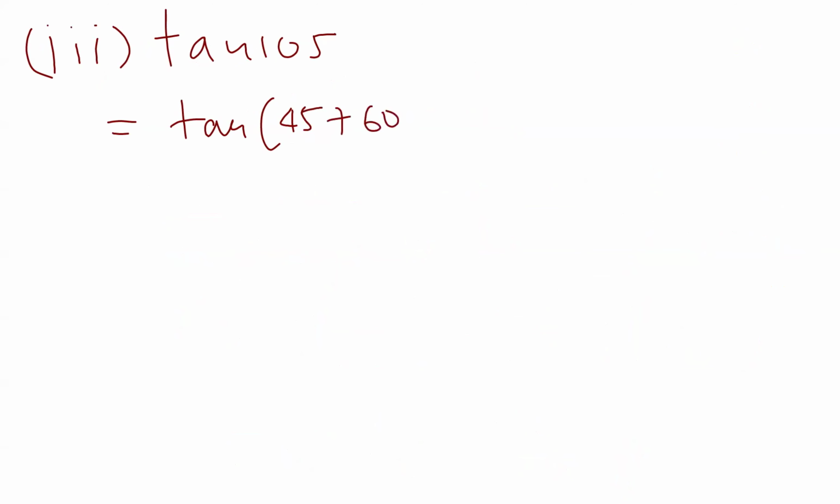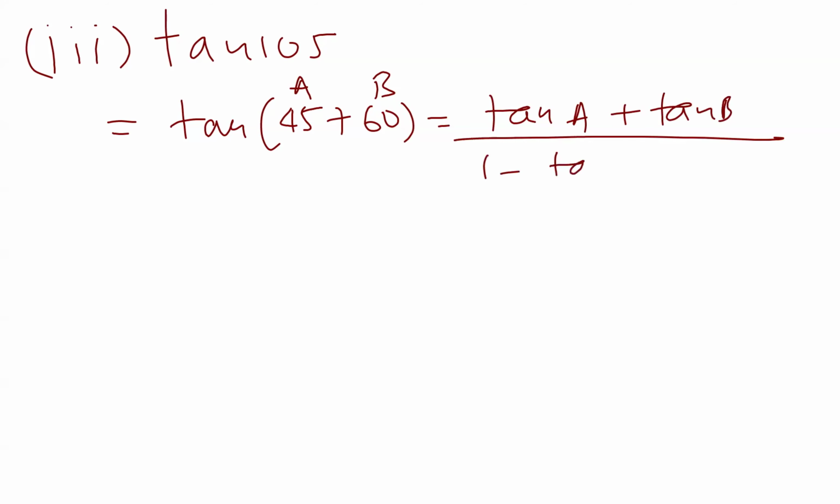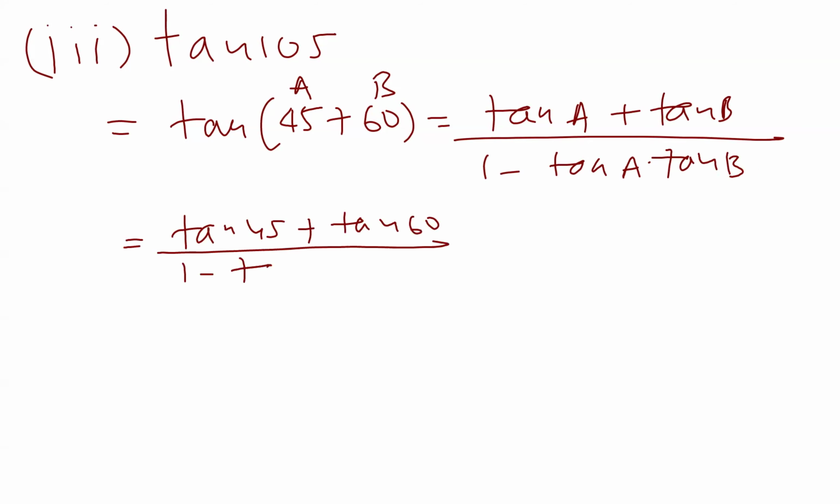So this is A, this is B. So this will be tan A plus tan B upon 1 minus tan A tan B. So A is 45, B is 60: tan 45 plus tan 60 upon 1 minus tan 45 tan 60.